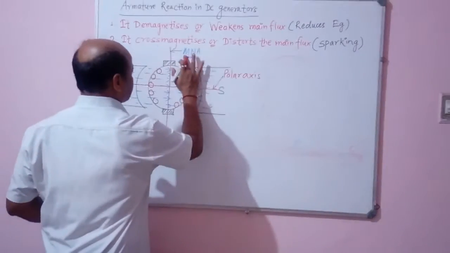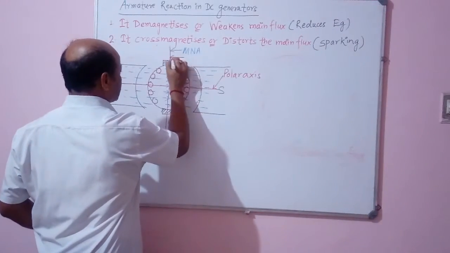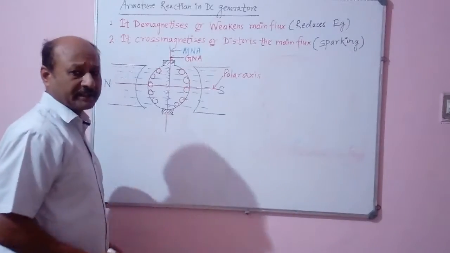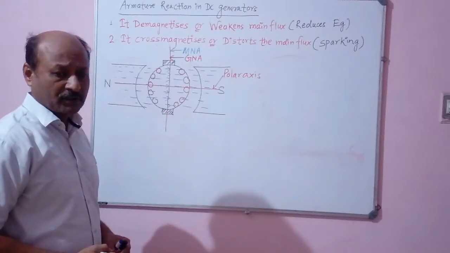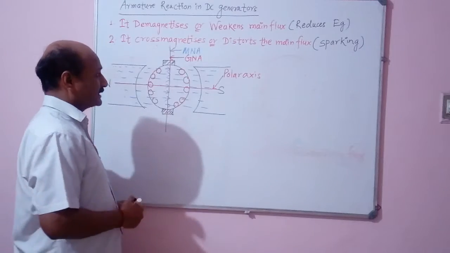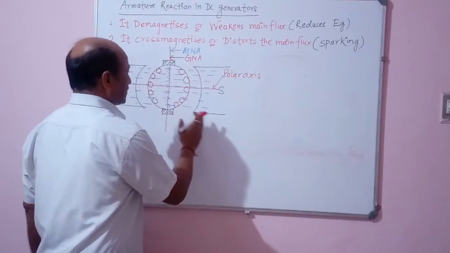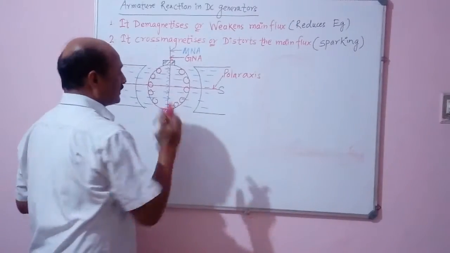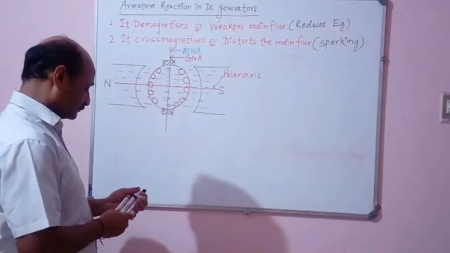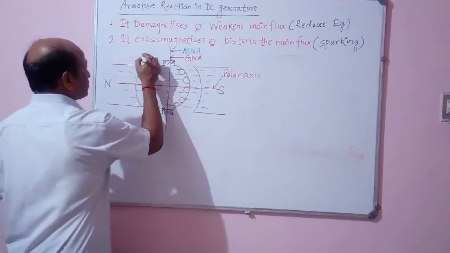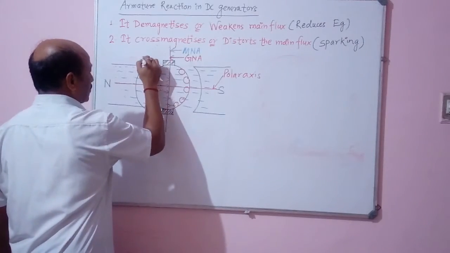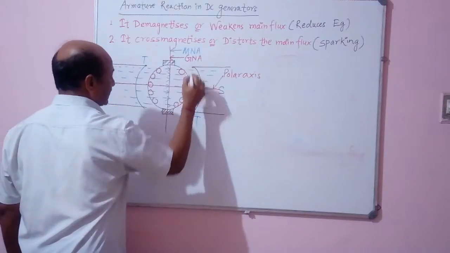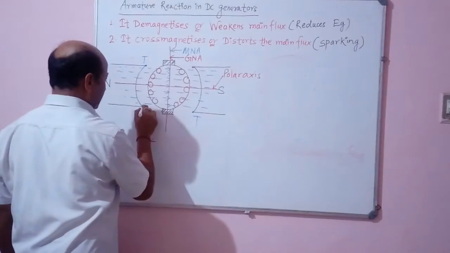Then the next axis is the GNA axis. GNA means geometrical neutral axis. The geometrical neutral axis geometrically divides the complete N and S into two parts. Then we have the four pole tips: first, second, third and fourth.